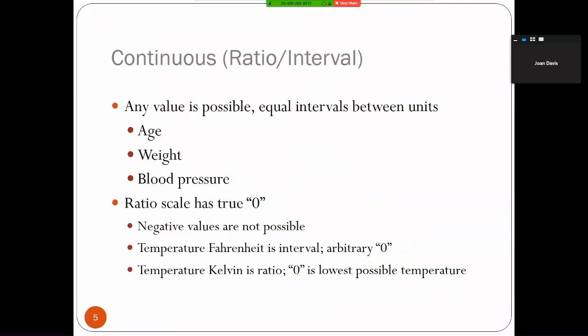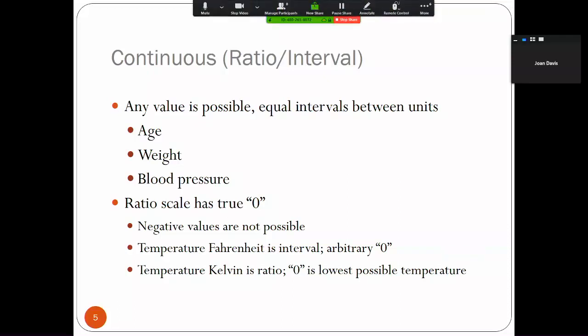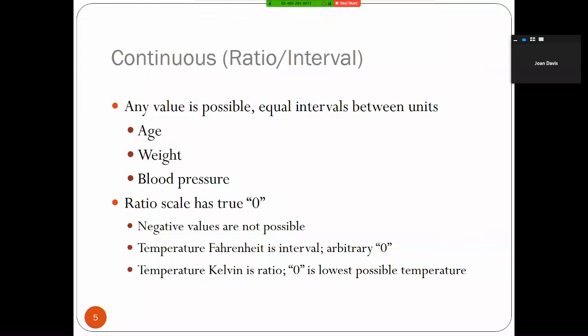So continuous data: the most important property or characteristic is that the intervals between units of measurement are identical, which allows us to add, subtract, multiply, and divide them. Age, weight, blood pressure are all measured on a continuum.